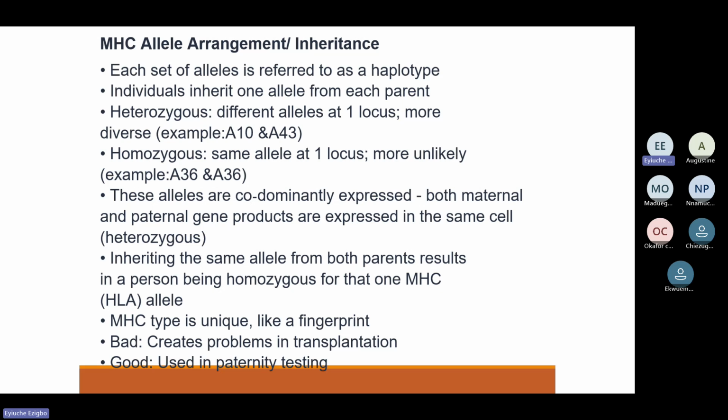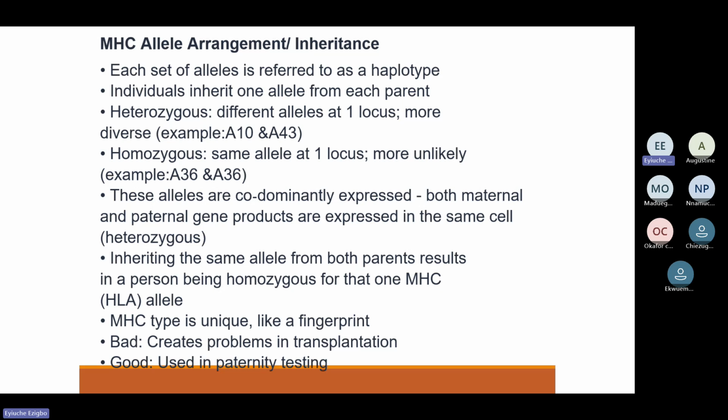MHC type is unique, like a fingerprint. It's very, very unique. To get two people that are the same is not an easy task. This is bad because it creates problems in transplantation, because the MHC molecules play a crucial role in tissue or organ transplantation. That is, it determines the level of rejection of a tissue transplant.